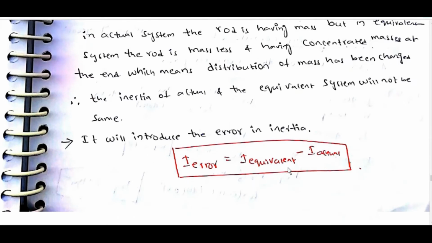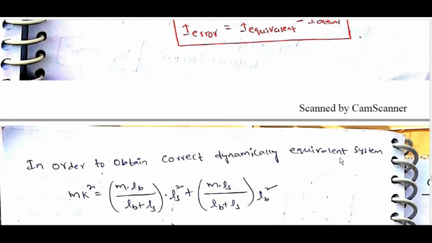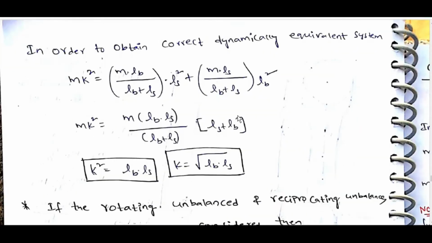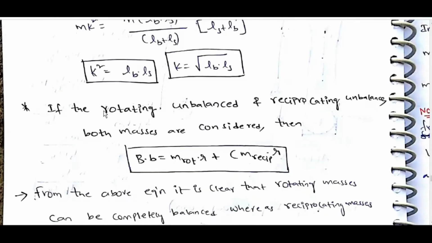I error is equal to I equivalent minus I actual. In order to obtain the correct dynamically equivalent system, M k square is equal to M LB by (LB plus LS) into LS square plus M LS by (LB plus LS) into LB square. Finally we get k square is equal to LB into LS, so k is equal to root LB LS.